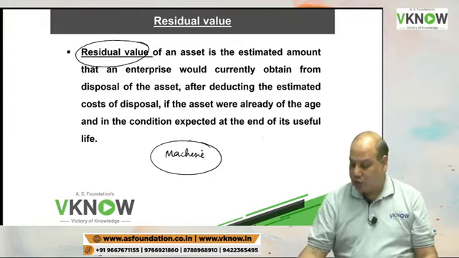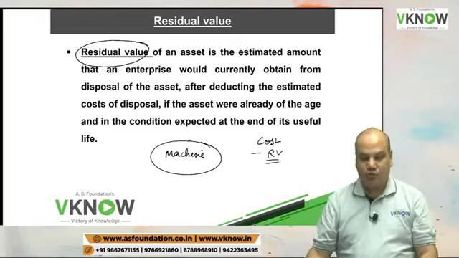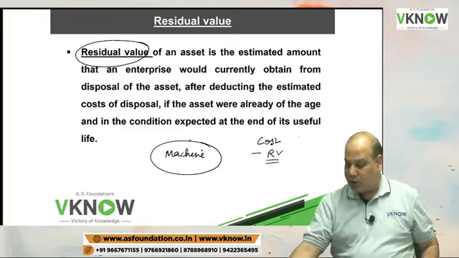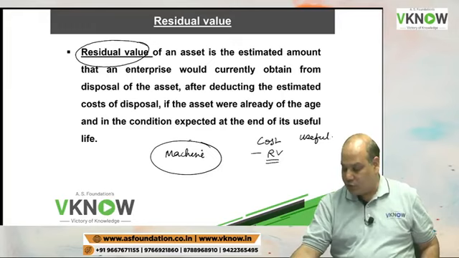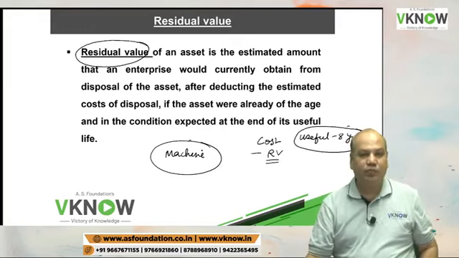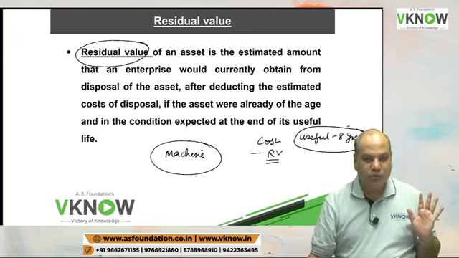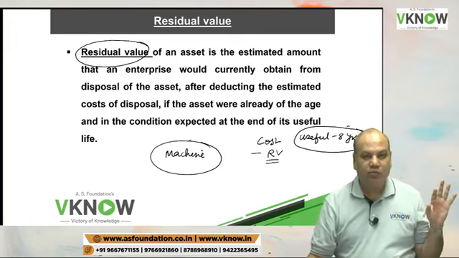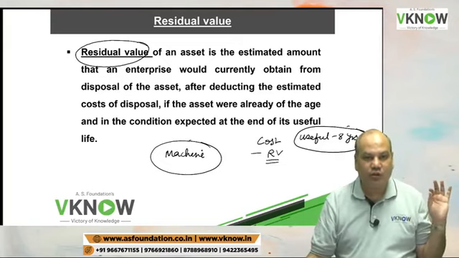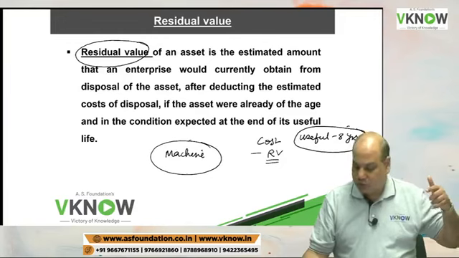AS 10 is saying take cost minus residual value, and I estimate the useful life of this machine to be 8 years. So theoretically, just for understanding, I will go to the market today.